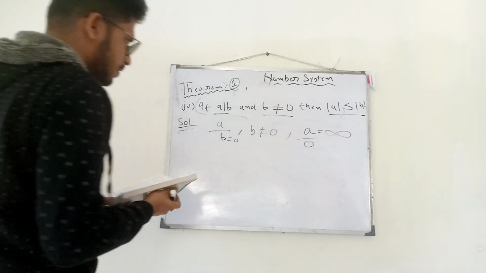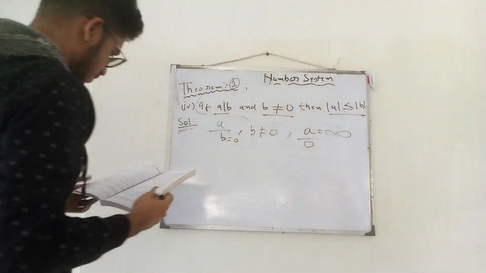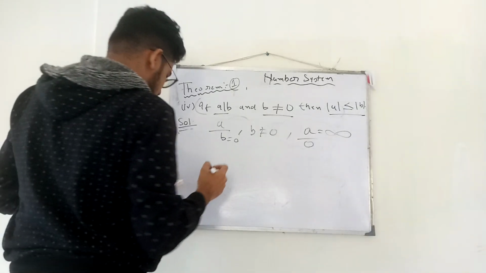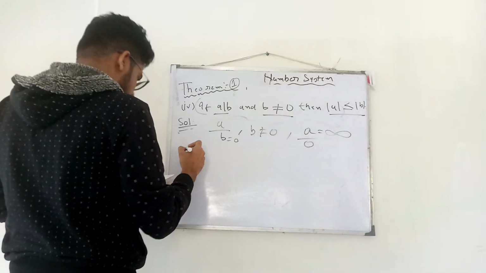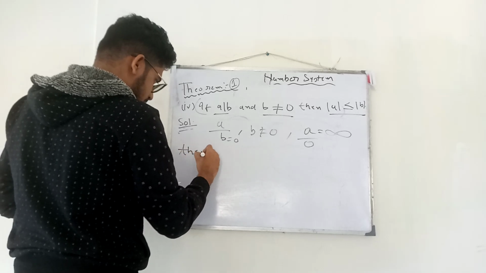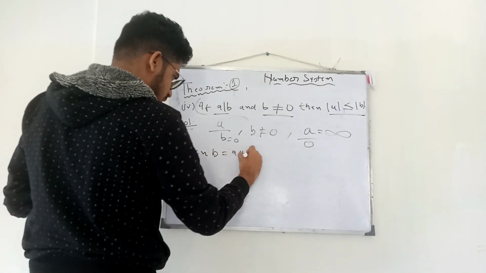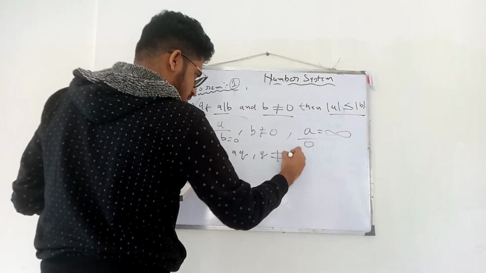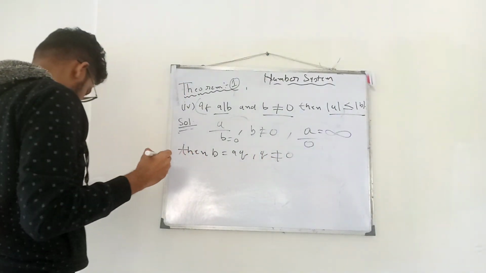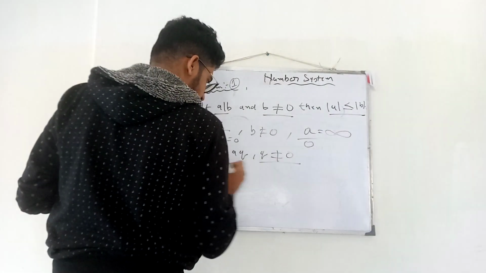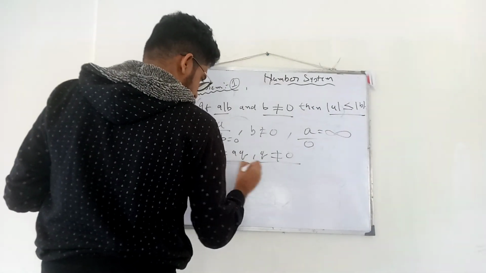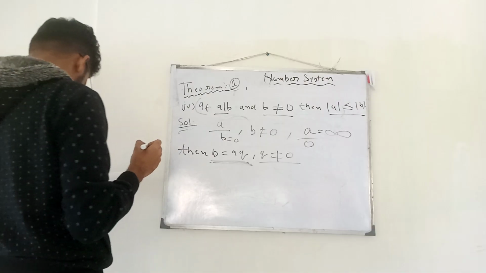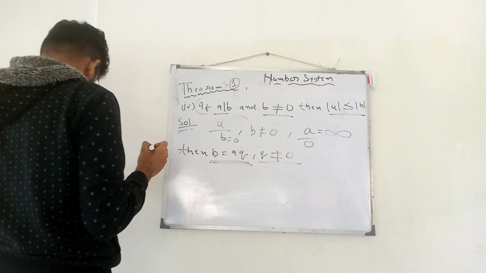Now, B is equal to AQ, and Q is not equal to 0.